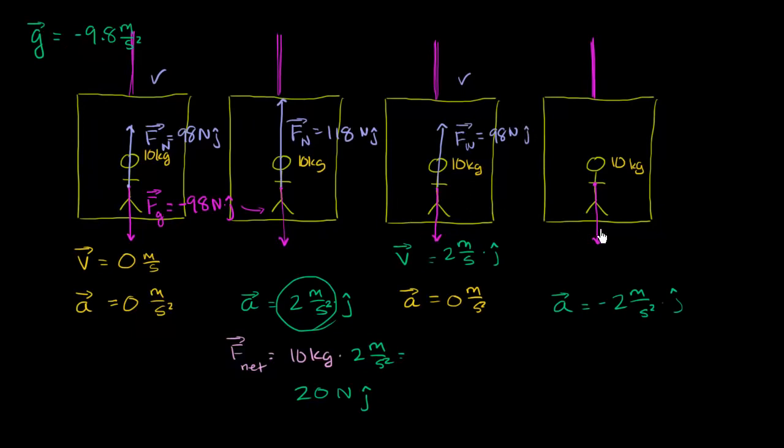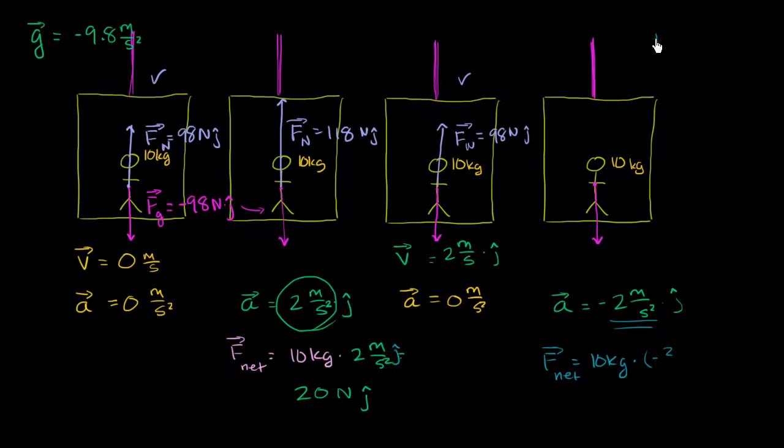And then when we are about to get to our floor, what is happening? Well, once again, we have a net acceleration of negative 2 meters per second squared. So once again, what is the net force here? The net force is going to be the mass of the toddler, 10 kilograms, times negative 2 meters per second squared in the j direction.